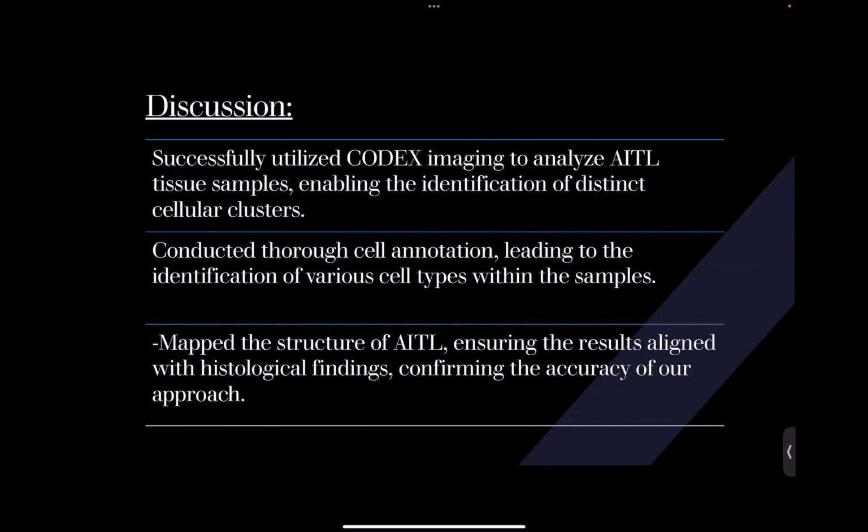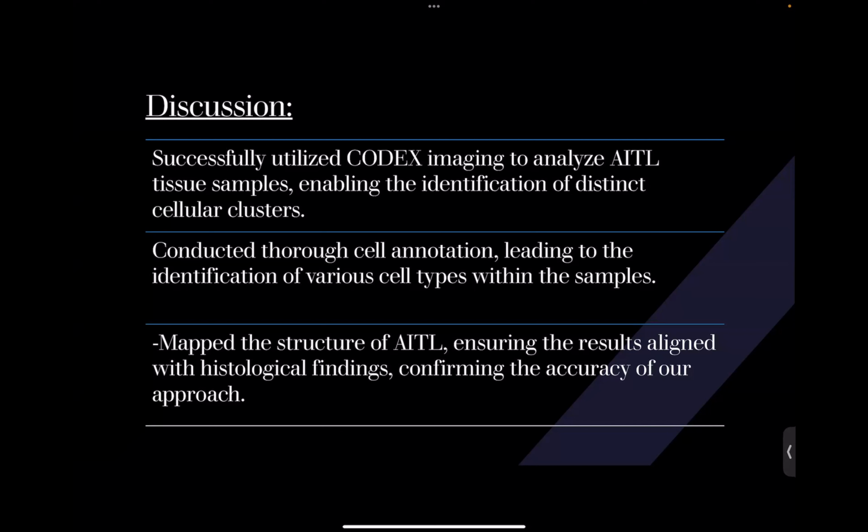So as for my discussion, some of the things we've accomplished, or I believe we've progressed a little bit on, was we used CODEX imaging to further analyze these AITL samples, and it also helped us identify distinct cellular clusters.